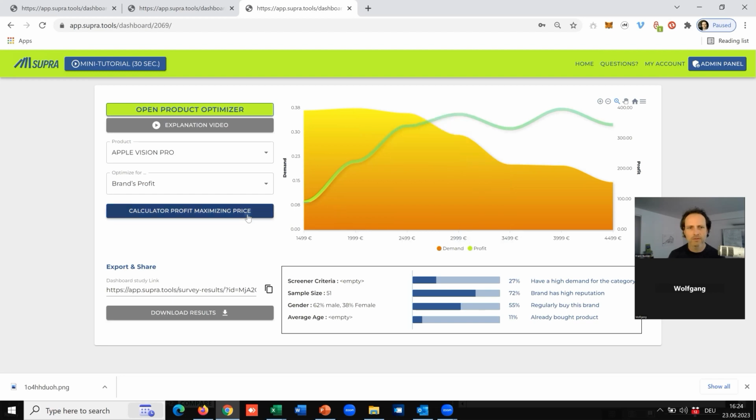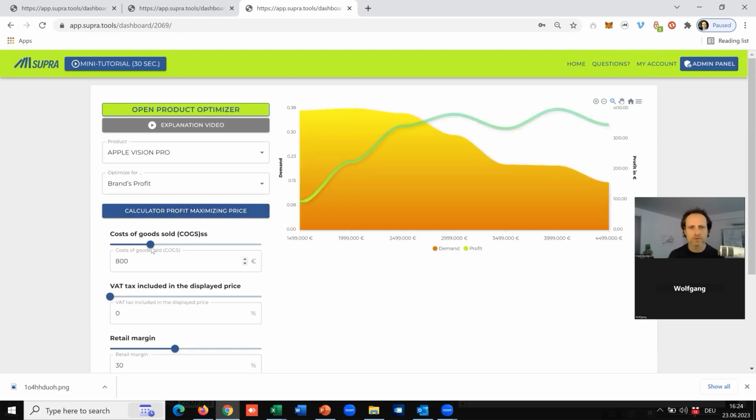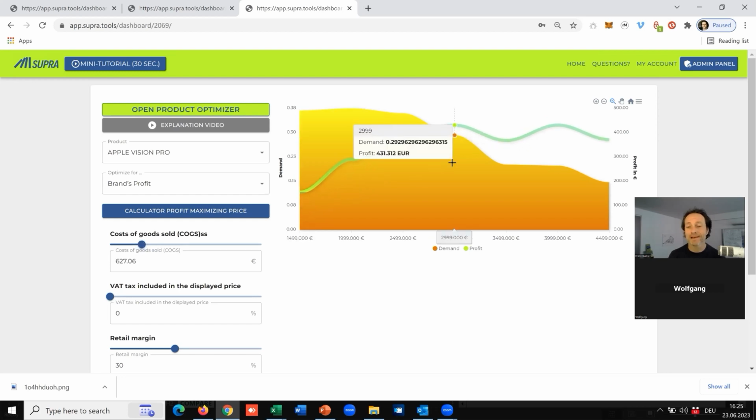And depending on the costs you assume, the price optimum is different, right? So it's either 2,999, also 3,000, or 4,000.